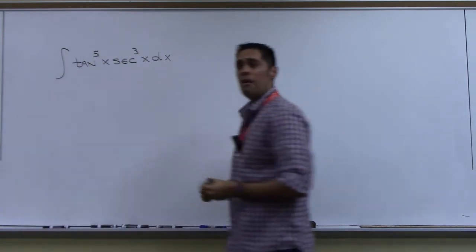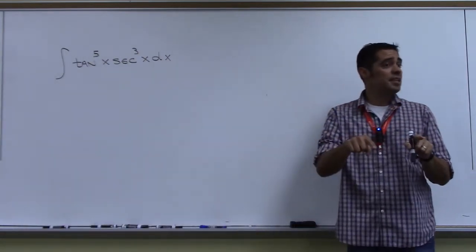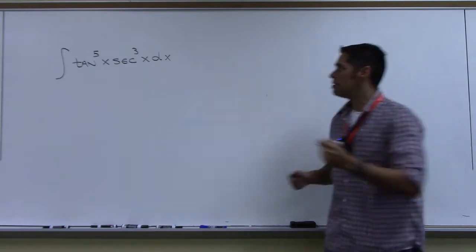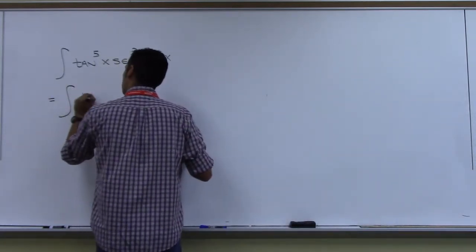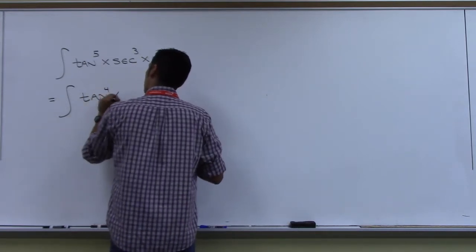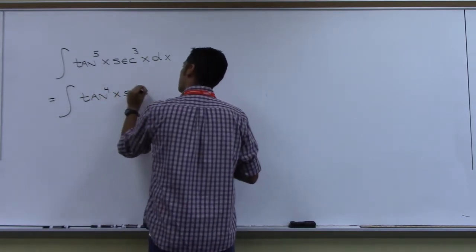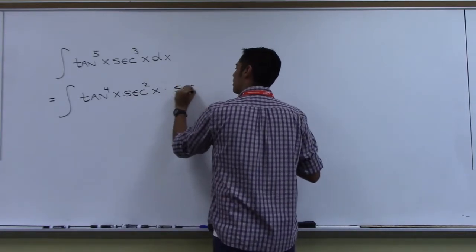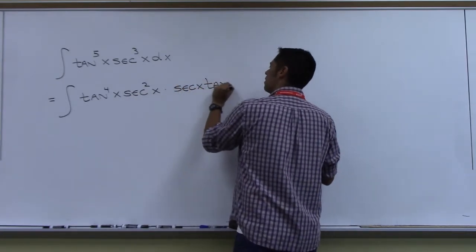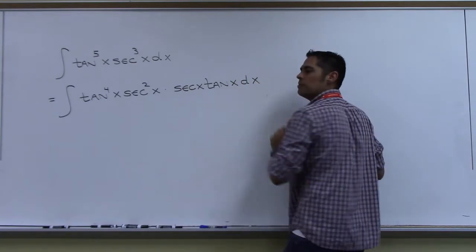So I'm going to peel off a tangent and a secant, right? That's what the technique says. So I peel off, here I go. Tangent to the fourth x secant squared x, and then I'm going to put here secant x tangent x dx.